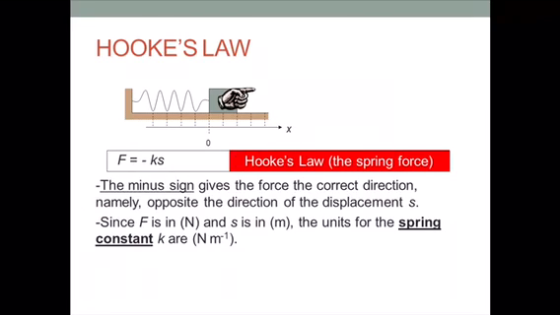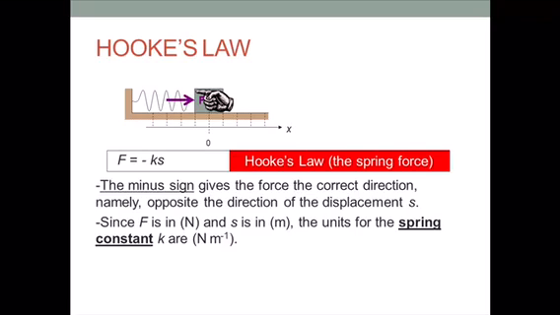If we move this block on the spring a certain distance to the right on the x-axis, the spring will create a force towards its initial position of x equals 0. This can be called a spring force. And similarly, if we move the block to the left of its initial position, the force made by the spring will be in the opposite direction, to the right, towards its initial position.